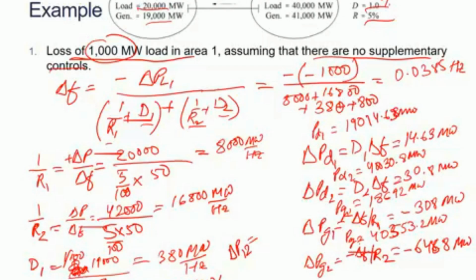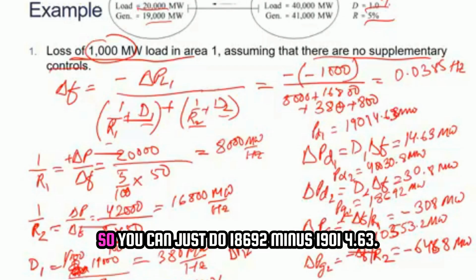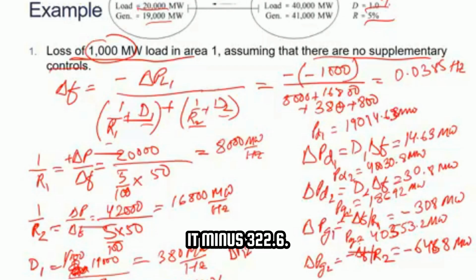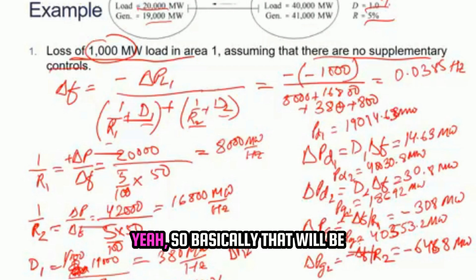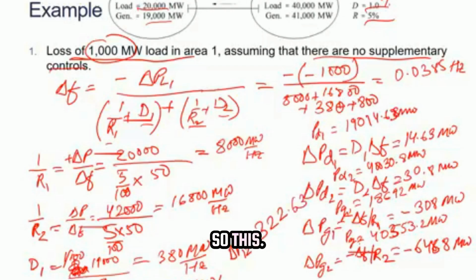Wait, I'll just. So generation 18,692 minus 19,014.63 is minus 322.63.